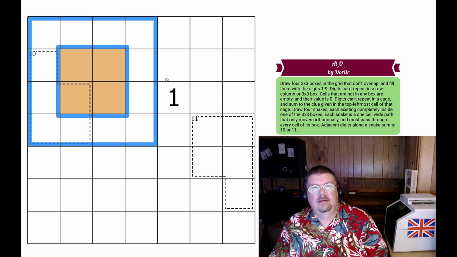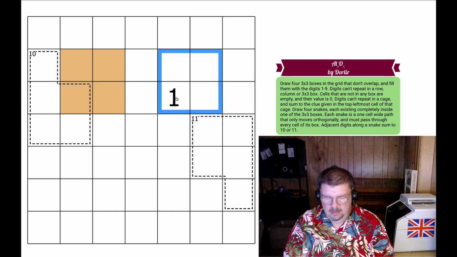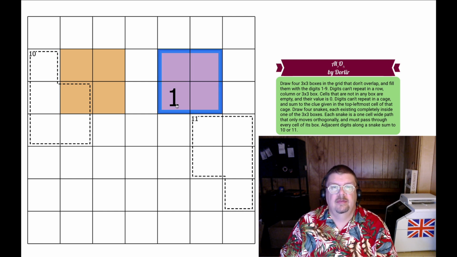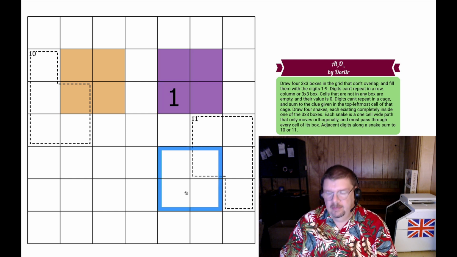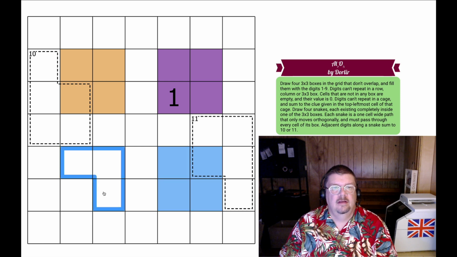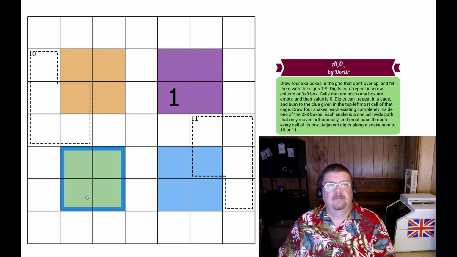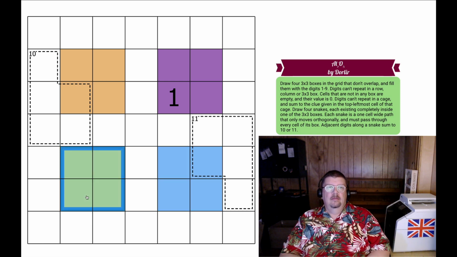So those are in, and by symmetry, we're going to get one there, we're going to get that, and that. So we've definitely got those cells in different boxes.